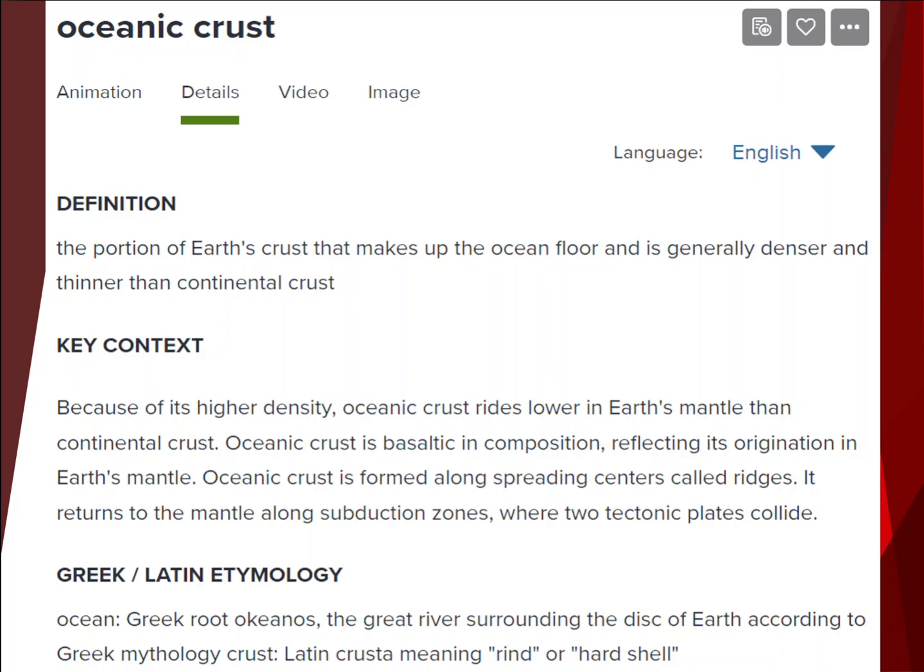The portion of Earth's crust that makes up the ocean floor is referred to as oceanic crust. Now, oceanic crust is usually denser and also thinner than continental crust. This is important because of its higher density, oceanic crust will ride lower in the Earth's mantle than continental crust, because, again, it's more dense, so it will ride lower.